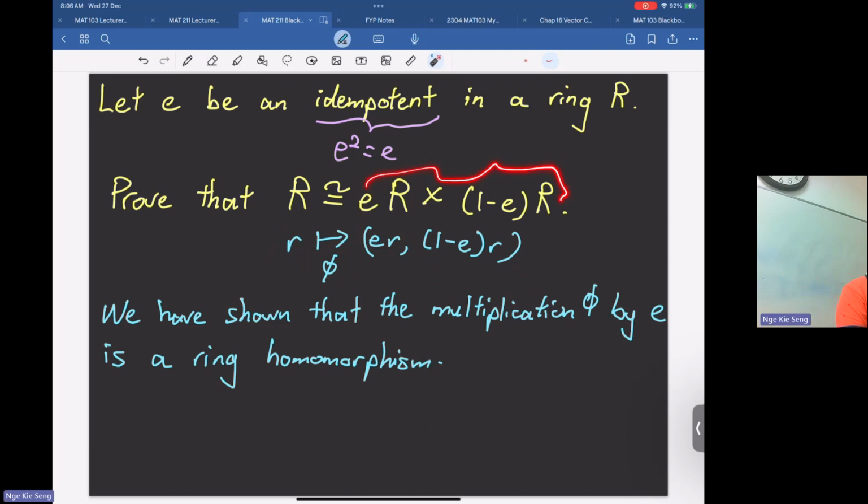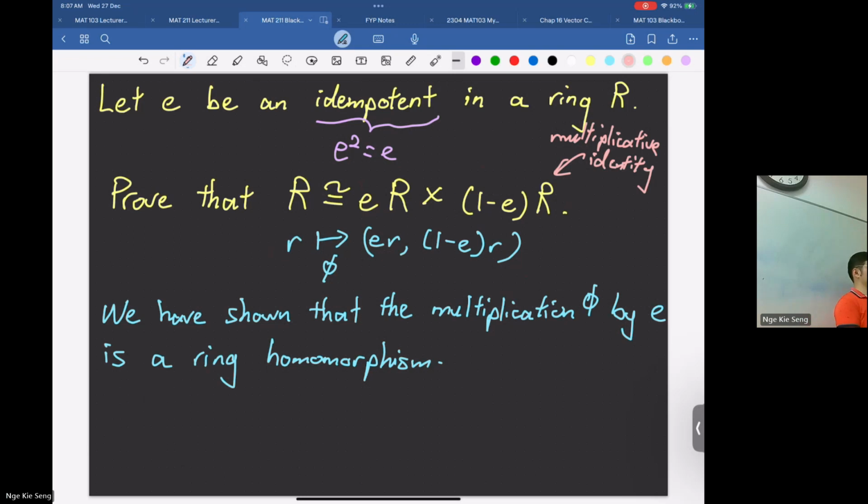Okay, what's the multiplicative identity here? Is it 1? But 1 is not in the ring.